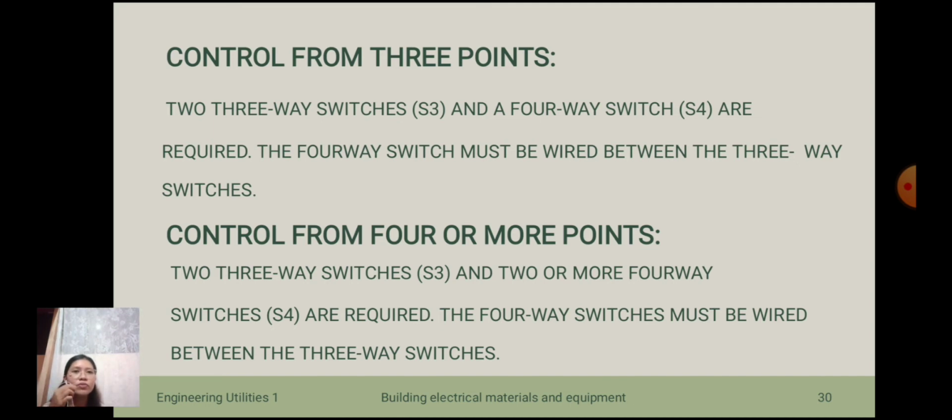The 4-way switch must be wired between the 3-way switches. And the control from 4 or more points, 2 three-way switches and 2 or more 4-way switches are required. The 4-way switches must be wired between the 3-way switches.